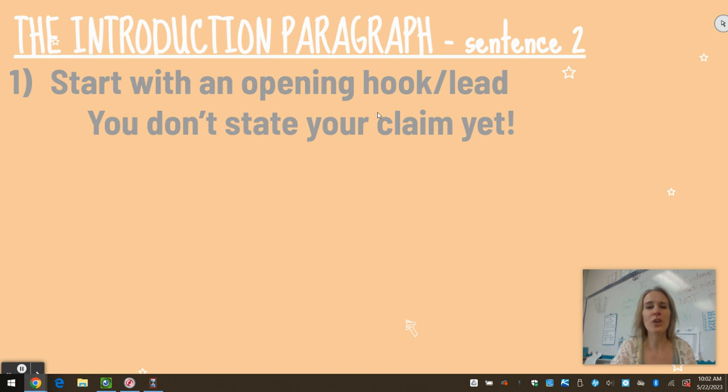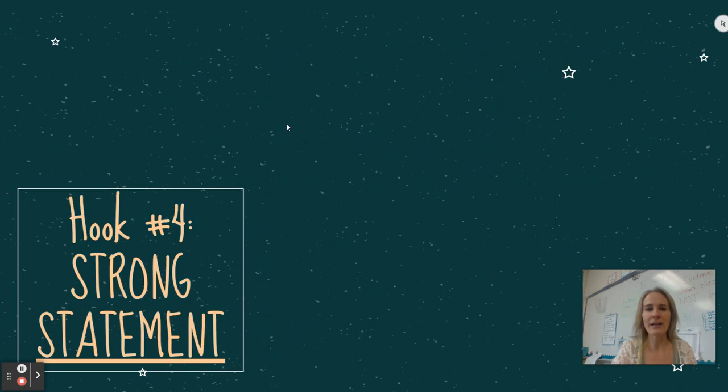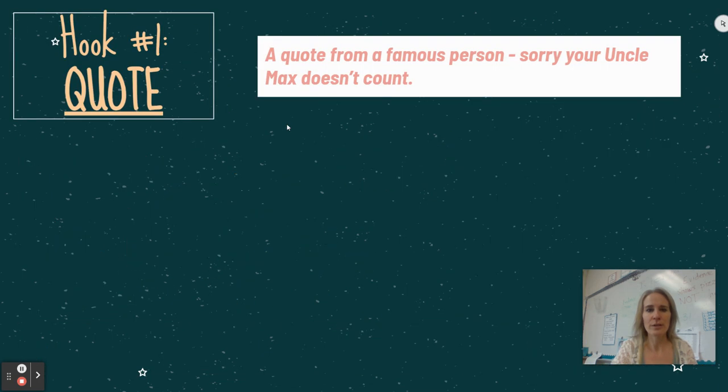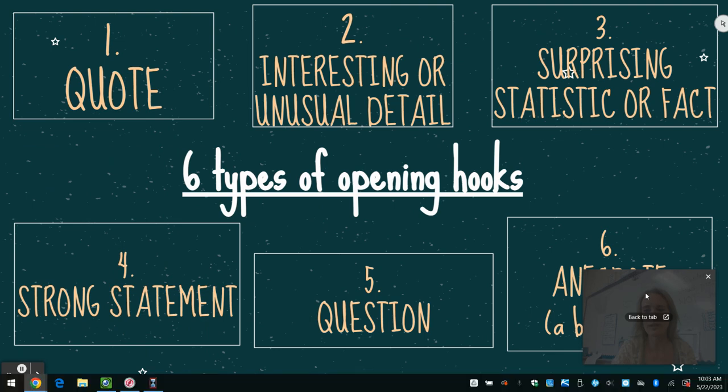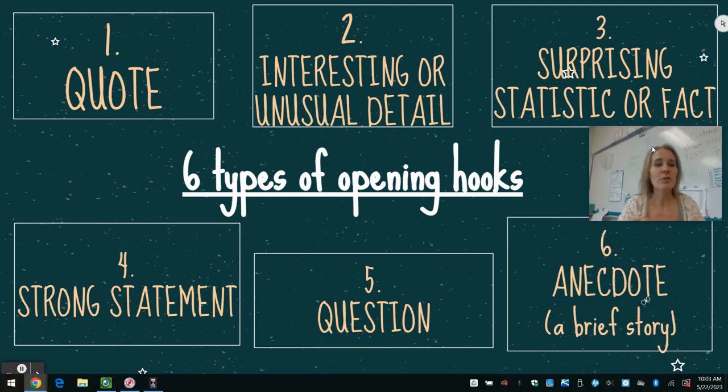So when you start with your opening hook, you don't state your claim yet, remember, okay? So let me go back to the 6 hooks. These are the 6 hooks. These are in your writing workshop journal, and these are also in this PowerPoint or Google slideshow, which is in your Google Classroom if you want to look.